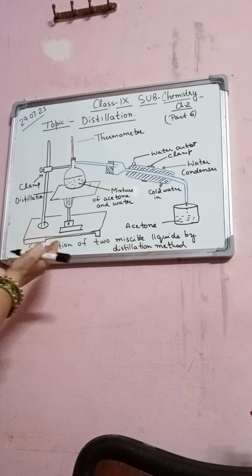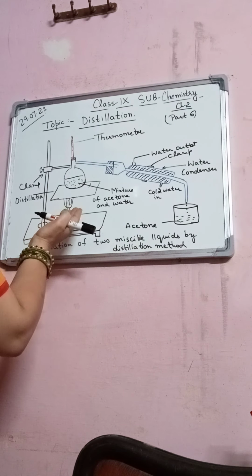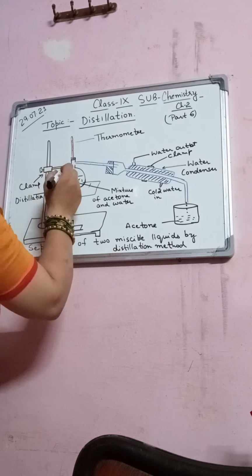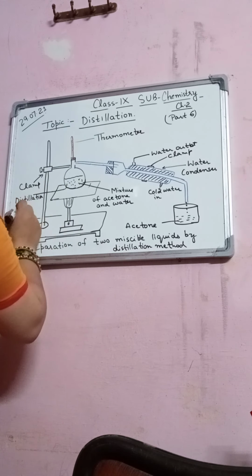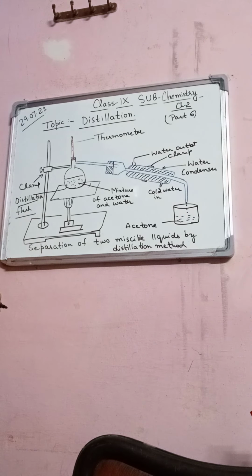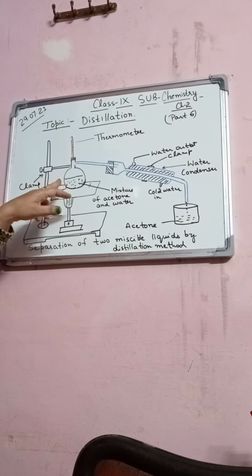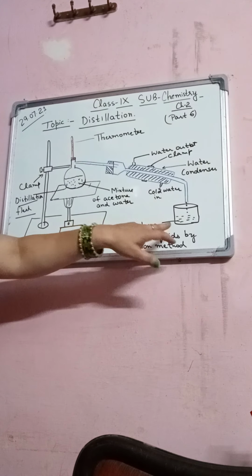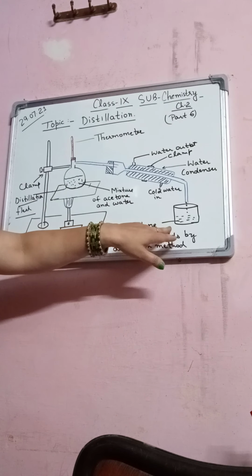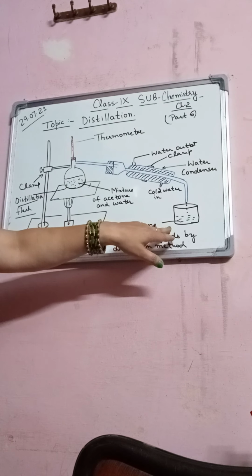Below it is the distillation flask, and this distillation flask is connected to the water condenser. Here I have kept another beaker so that the collection of alcohol is there.